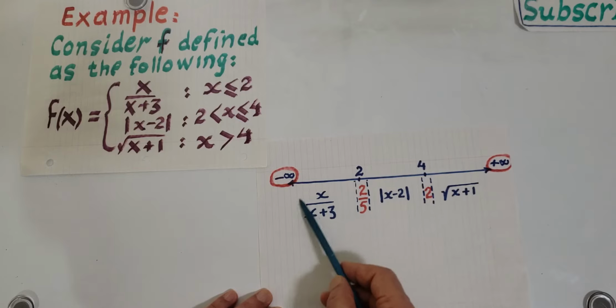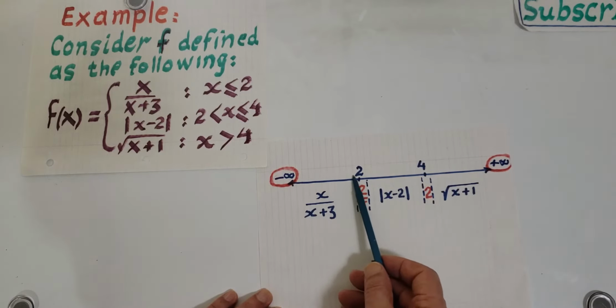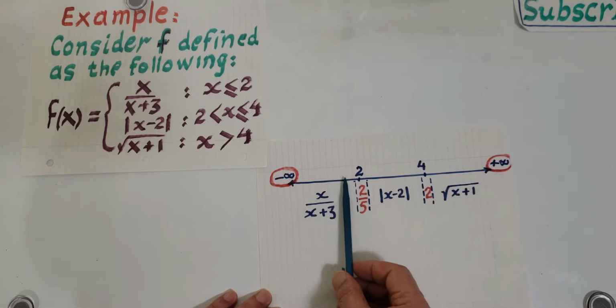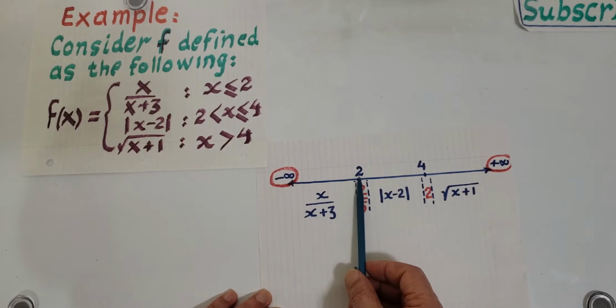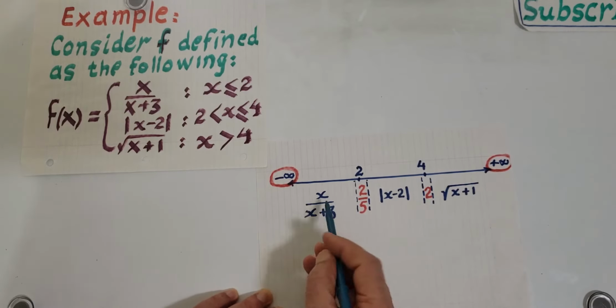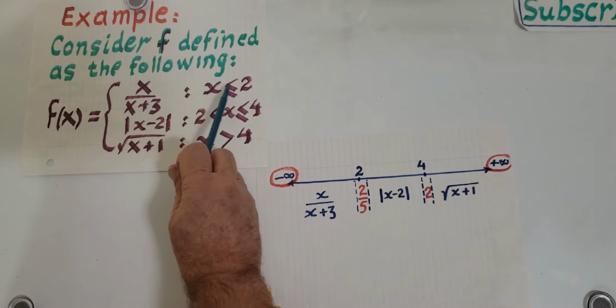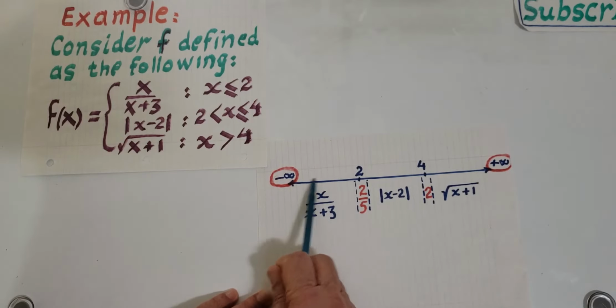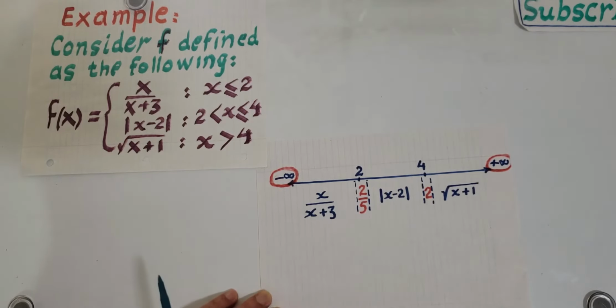The first equation of the function is defined during this interval. And it is also defined at the number 2 itself, because here x is less than or equal to 2. So 2 belongs to the same interval of the first equation.